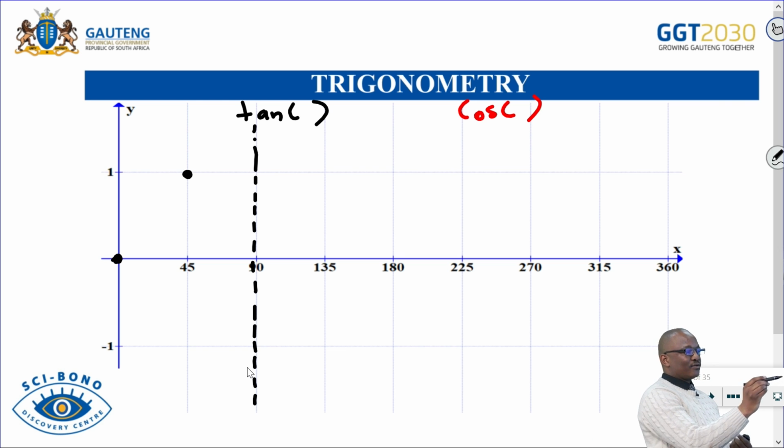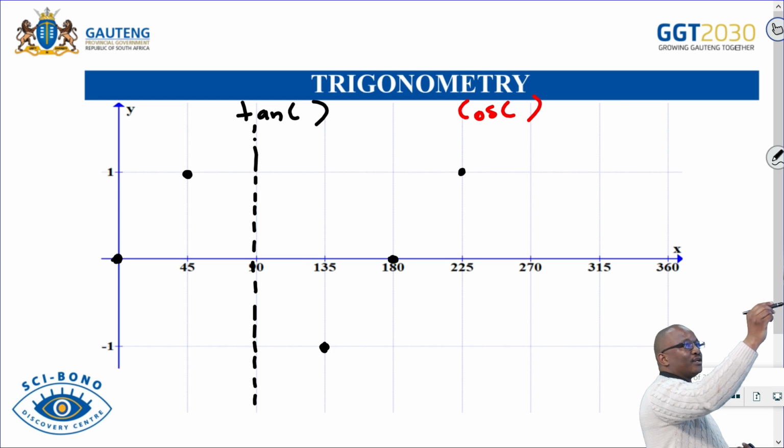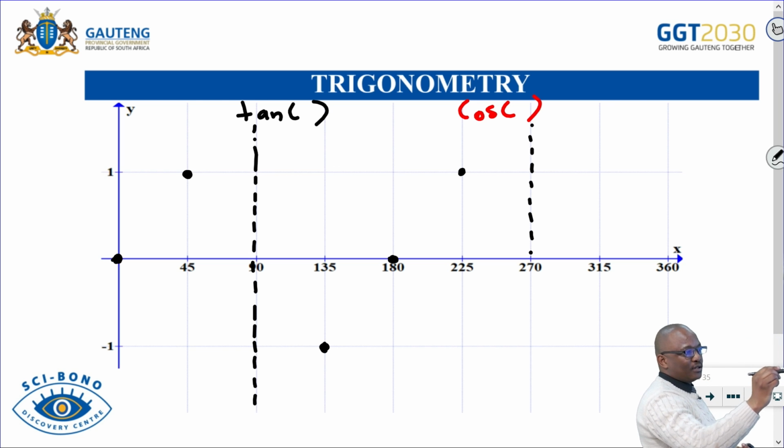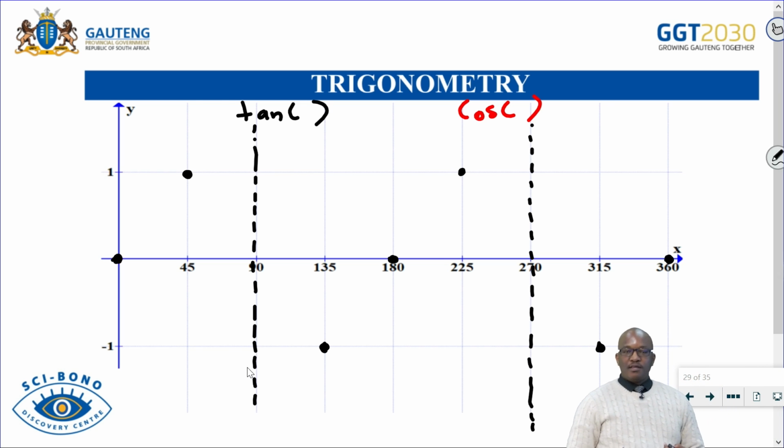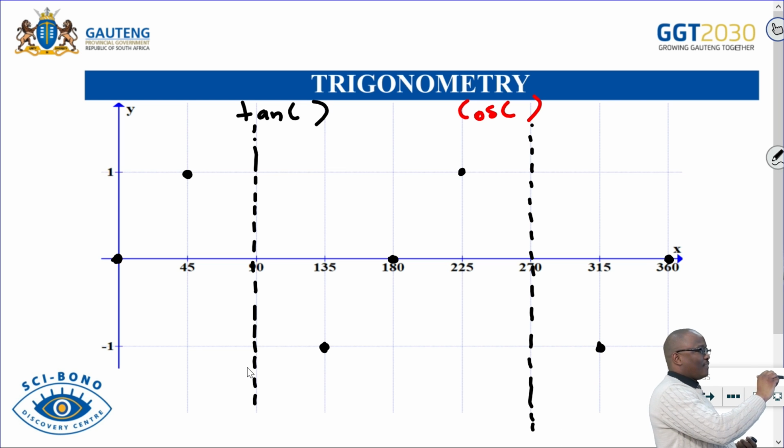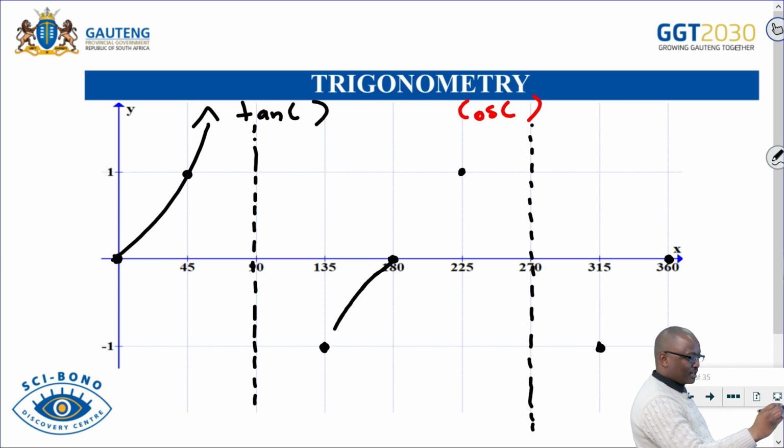Then tan 135 gives -1, then 0, and 1, and at 270 it will be undefined. Then we have 315 and 360. If you punch on a calculator, those are the points that you are going to get. Then our graph for tan will be like that.